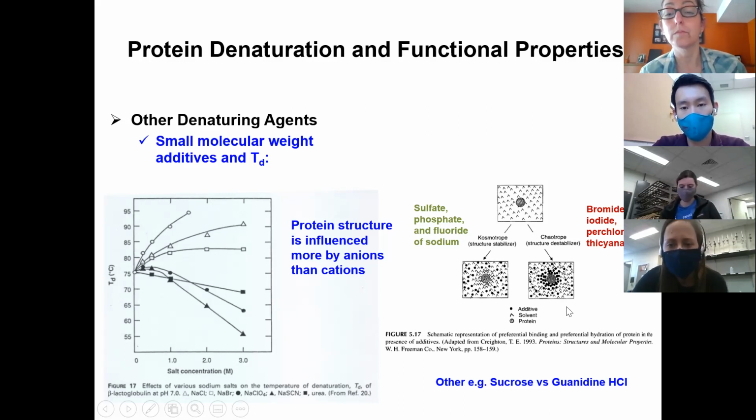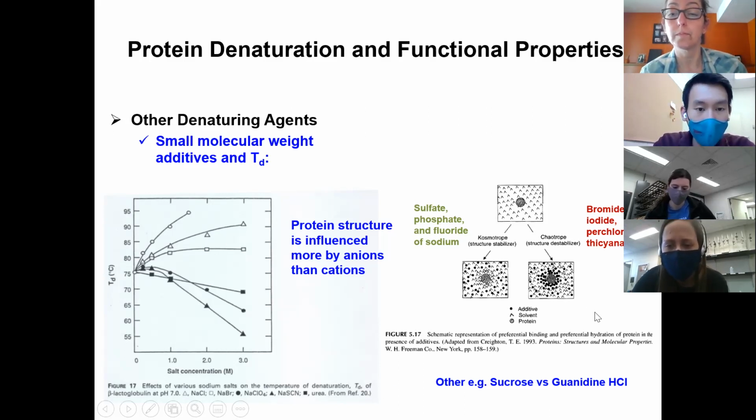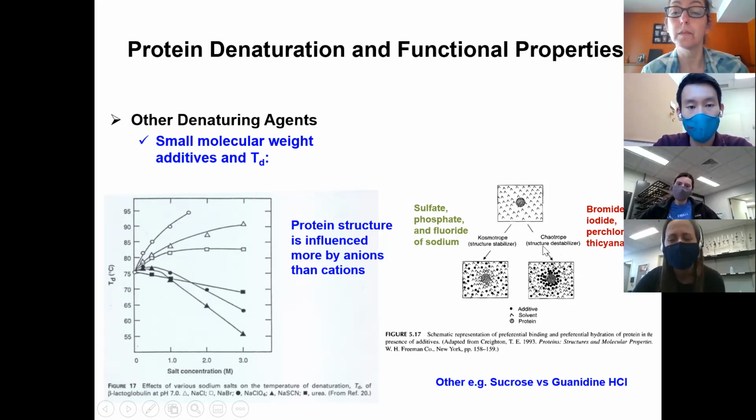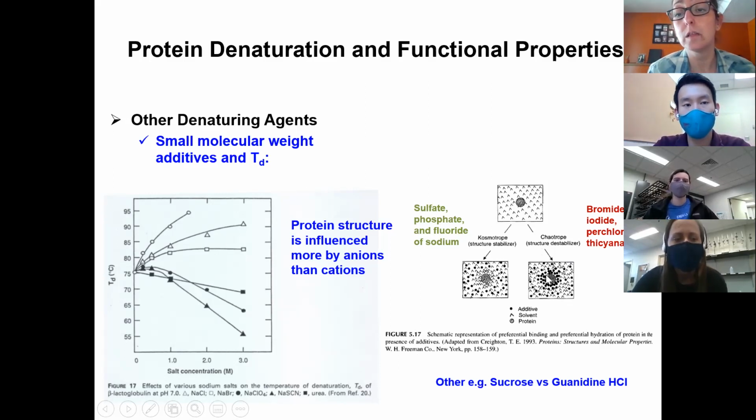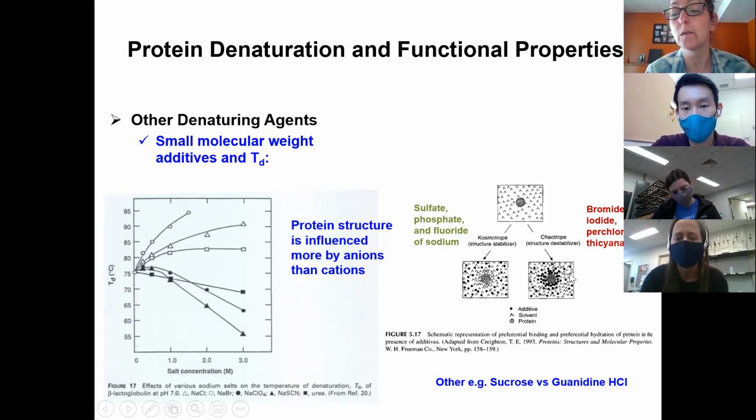Pam, do you mind just repeating again, is it a chaotrope? I forgot exactly how you explained chaotrope. Can you just explain that again? What it does with the protein? Yeah. So the additive, this is the salt, which is the black circle, will interact very strongly with the protein and prevent it from interacting with water.